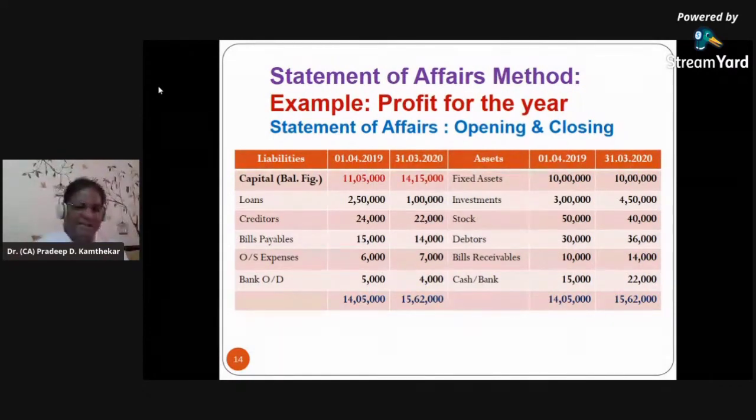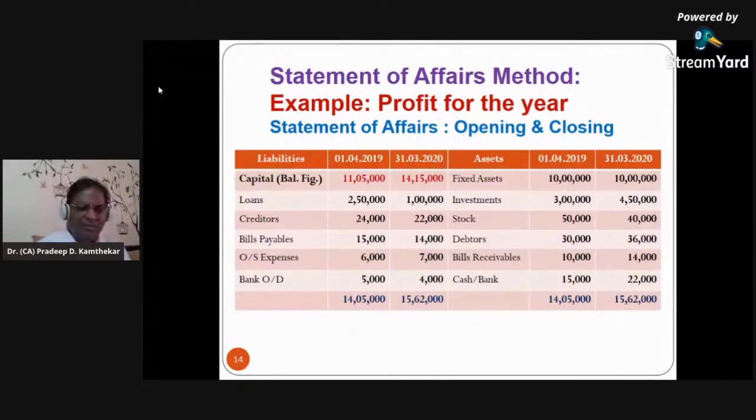It has all other assets and liabilities like loans, creditors, bills payable, outstanding expenses, bank overdraft on the liability side. They are all given. On the asset side, you are given fixed assets, investment, stock, debtors, bills receivable, cash and bank. All these details of assets and liabilities are given except capitals. And these capitals we have ascertained as a balancing figure.